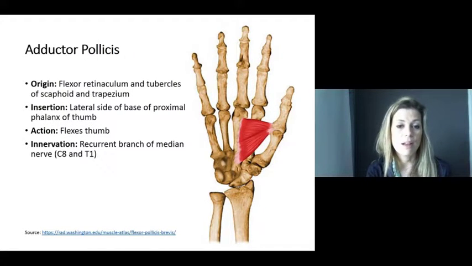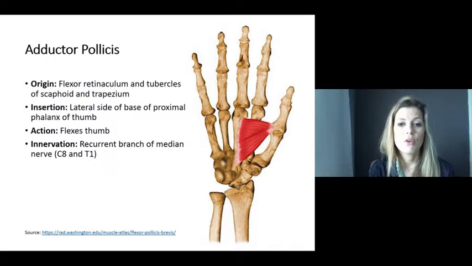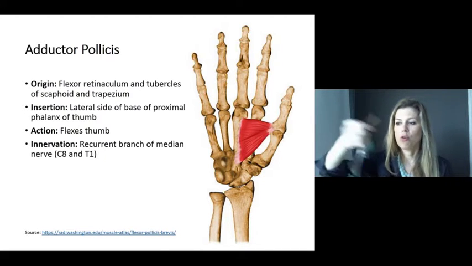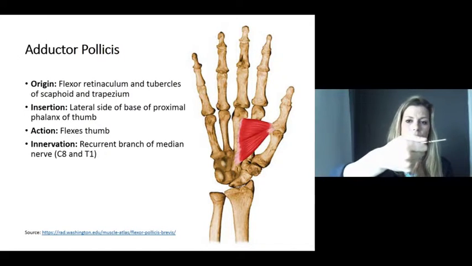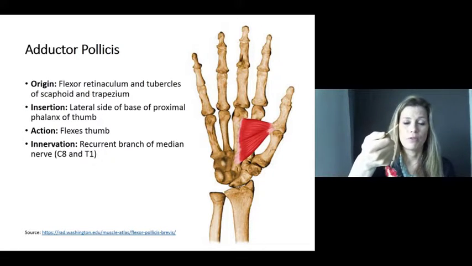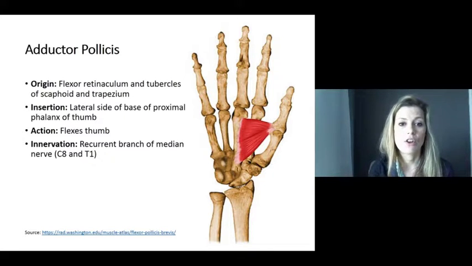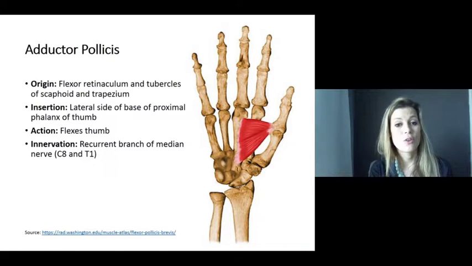The adductor pollicis. This is going to be extremely important to adduct the thumb. So when you are going to adduct the thumb and grasp a key to open up your front door or to turn the ignition in your car, you'll want to definitely activate this muscle.